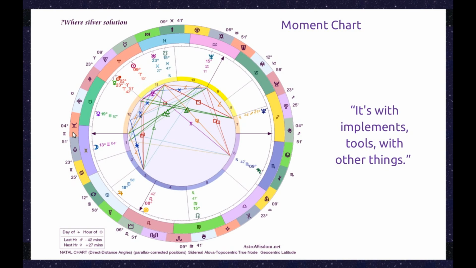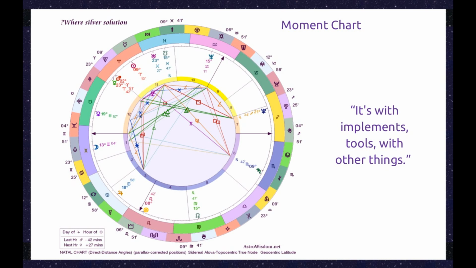Now, I have my charts color coded so that I can immediately tell that this is ruled by Mars. This is my color for Mars, and the small constellation of the deer head is ruled by Mars. Mars is associated with tools and implements, metal, machinery. So I was sure it would be found in that sort of a place.